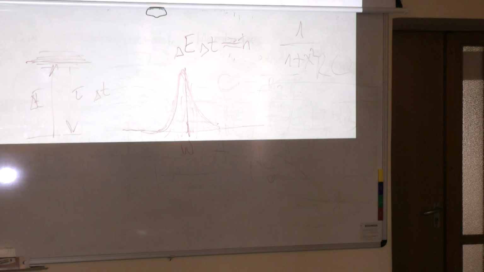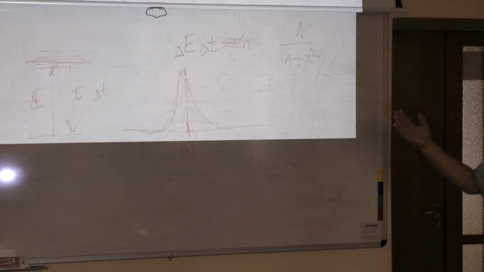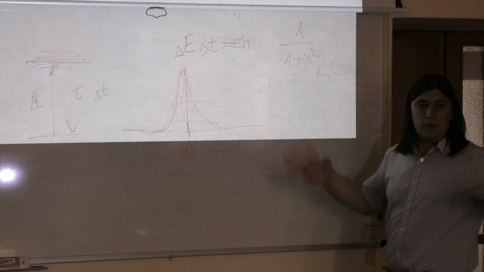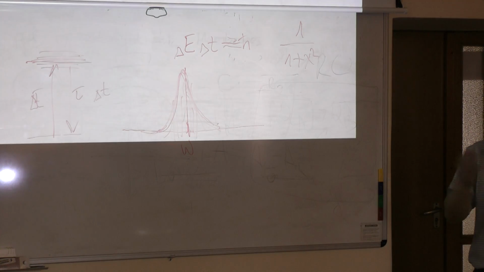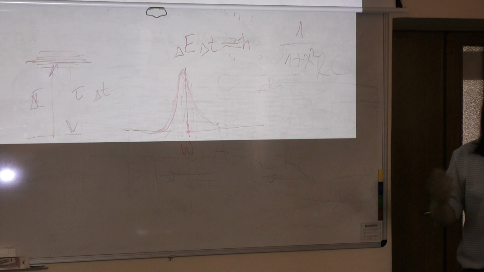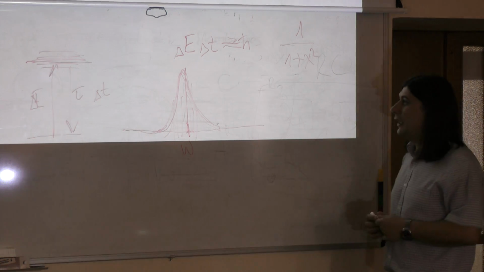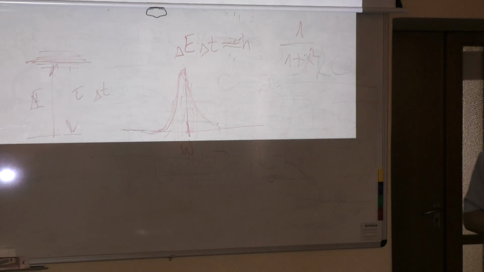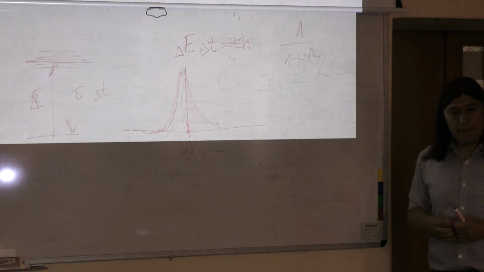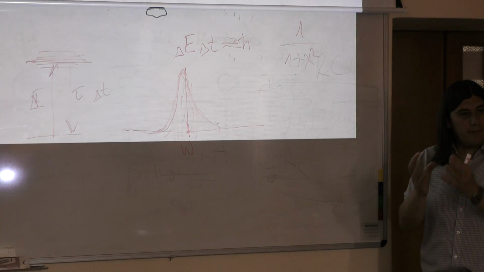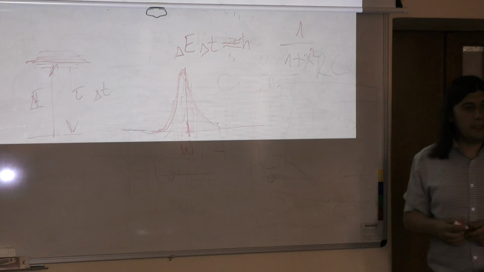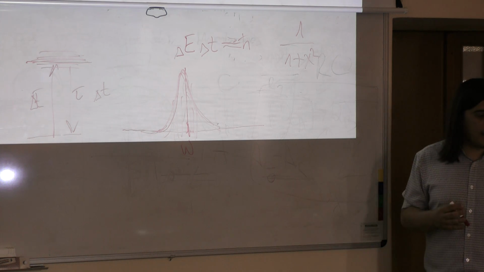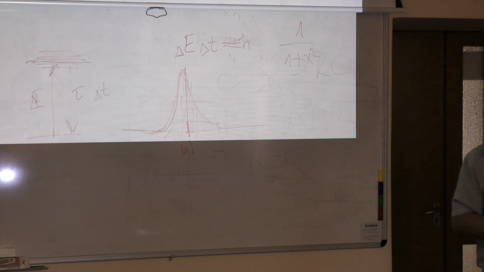For example, the lifetime broadening defined in this way: if all the molecules in our solution or gas have the same lifetime, they will be broadened the same way, that is homogeneous. On the other hand, we can have inhomogeneous broadening when different molecules have different broadening in the ensemble. So the broadening effect acts differently on different molecules.